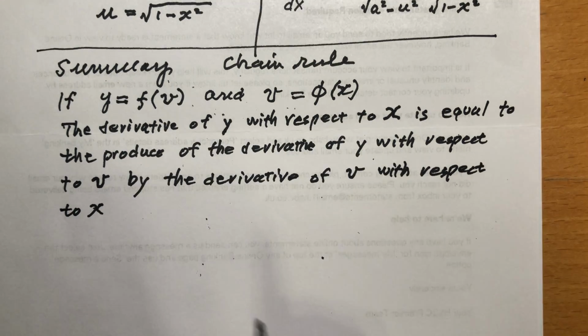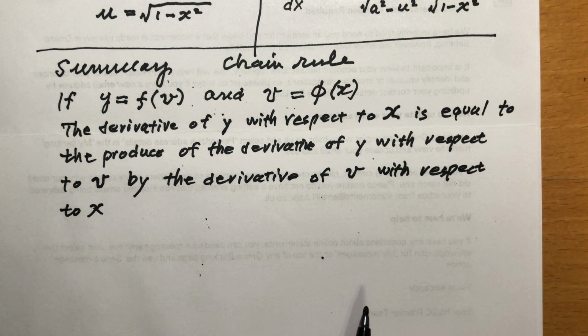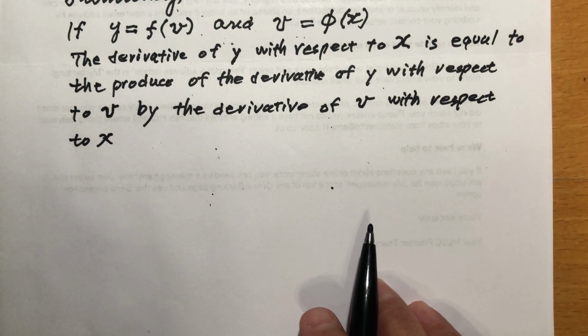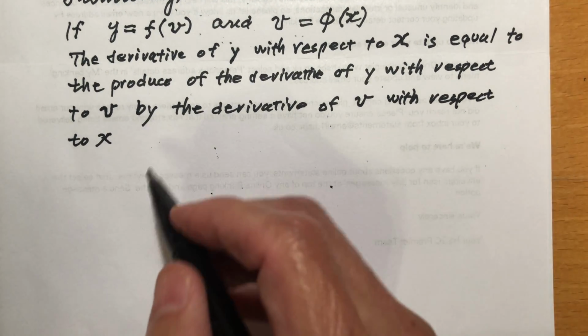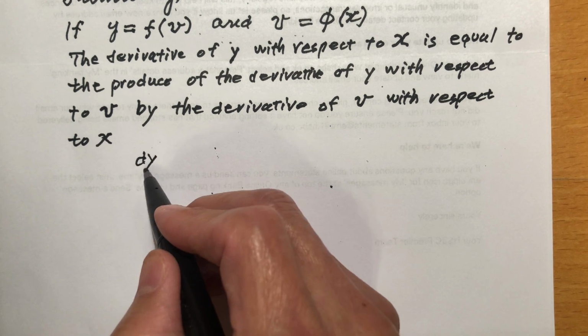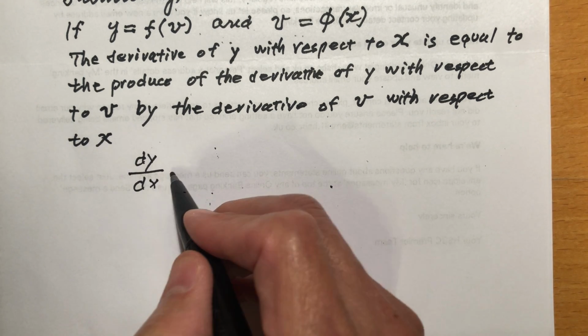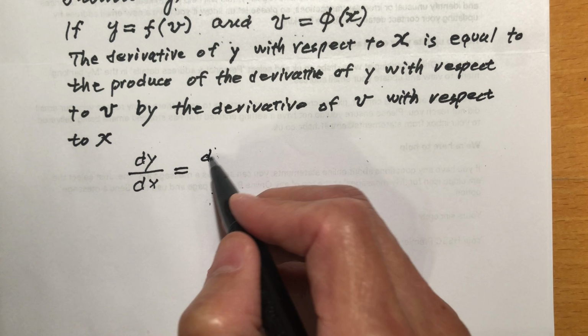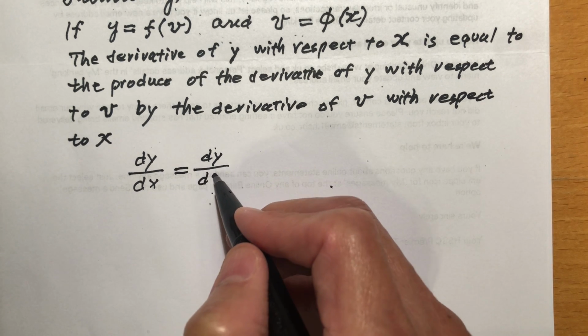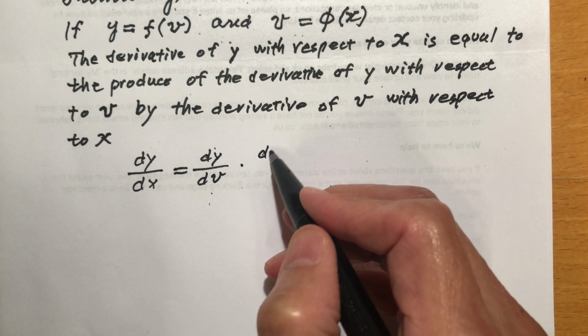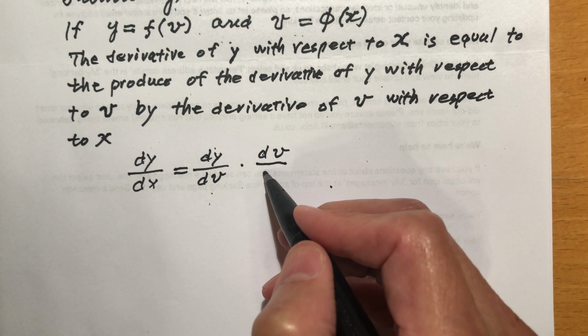So you multiply these two derivatives and you get the final answer. So next, I want to write down the chain rule. This is my chain rule.